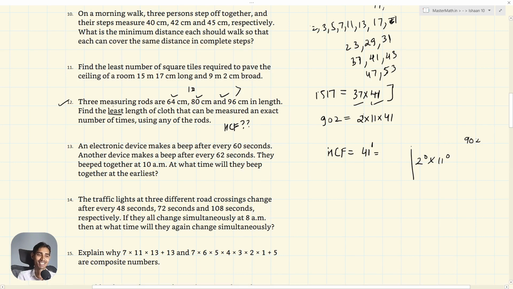So don't go with these words. I know this is tricky. Least, maximum, it is confusing. Now here also, minimum distance might sound like you have to find HCF. But it was LCM, when they would meet next.